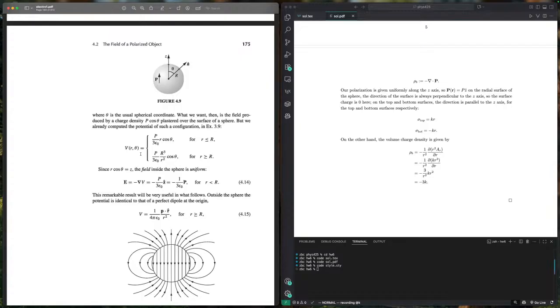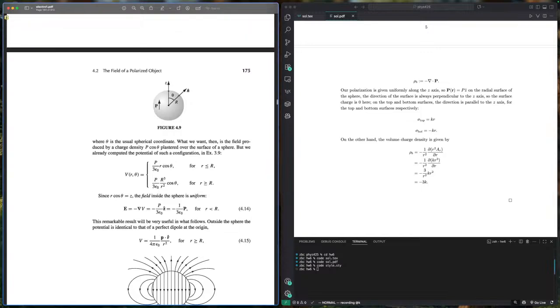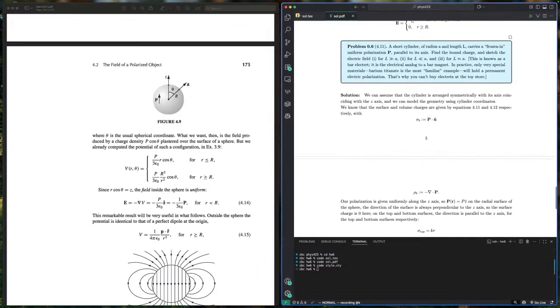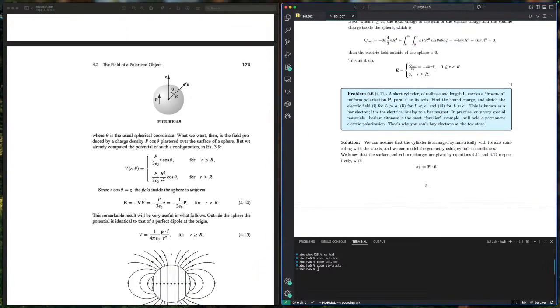I don't know, this is rather confusing. L much greater than a, L much smaller than a.